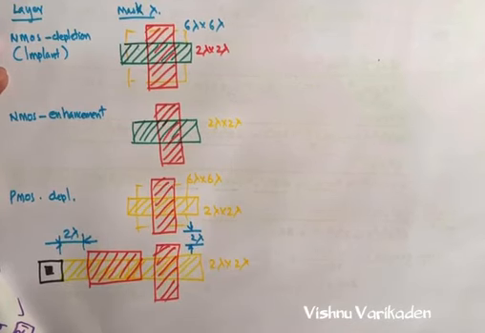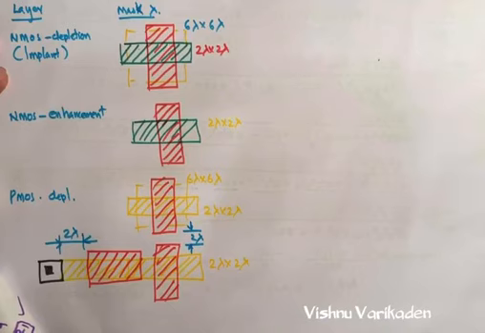So this is all about the general view or outer view of the layouts and color representation in stick diagram, and what are the sizes in lambda based and micron based design rule.